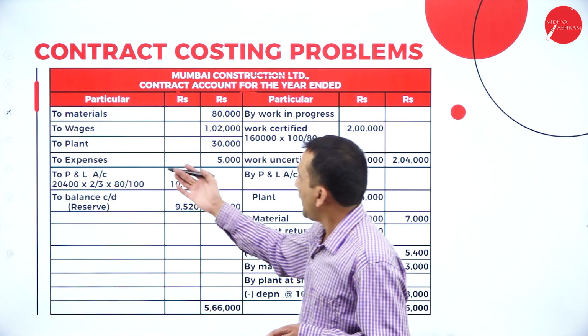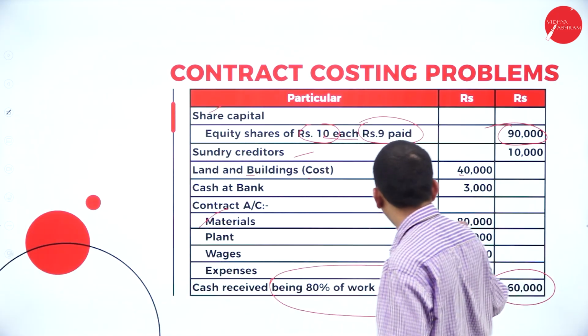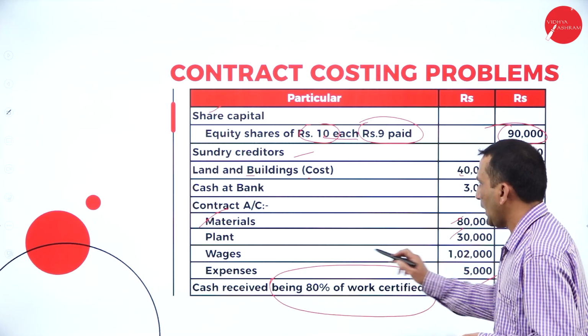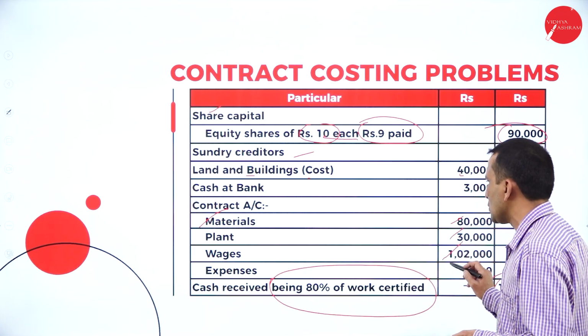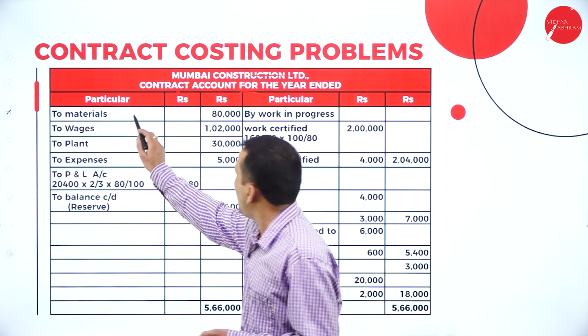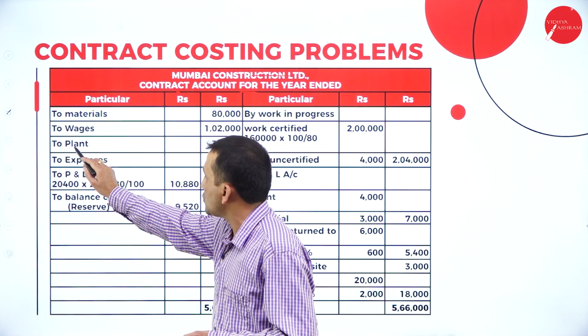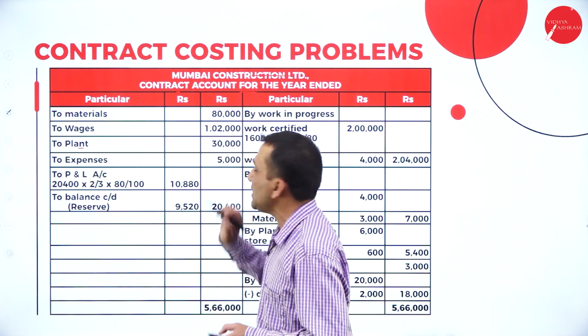The first items from the trial balance: material 80,000, plant 30,000, wages 1,02,000, expense 5,000. These are all direct expenses.